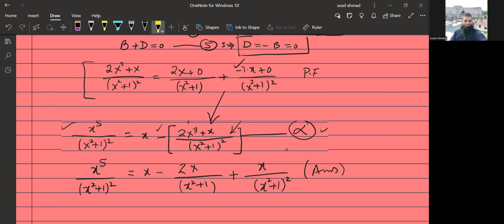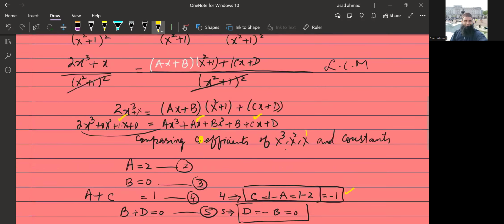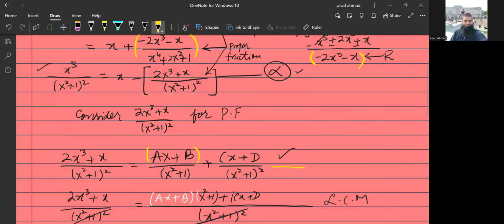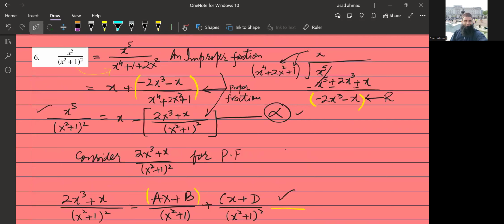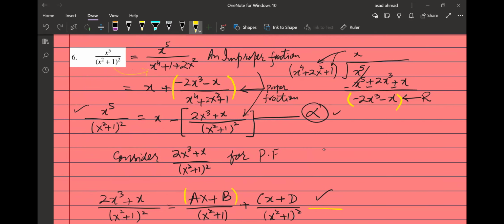Now we just need to put it into the original equation, that was equation number alpha, that we formed in the very first process, that was obtained by the long division process. So for the long division process, the whole number is x, and this part enclosed within the bracket was a proper fraction, and this proper fraction is converted into partial fractions.